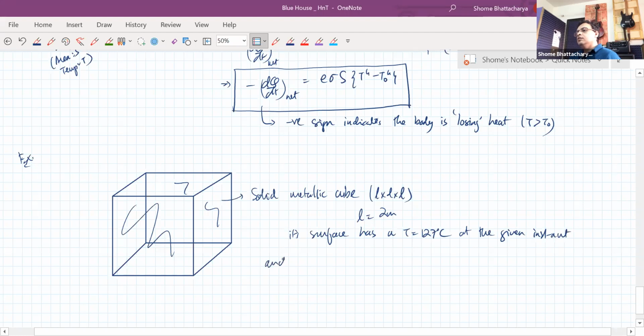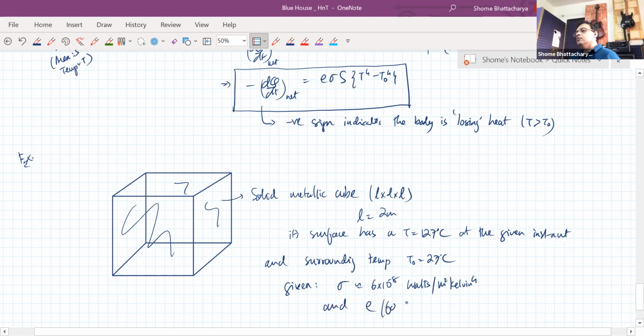And the surrounding temperature is 27 degrees C, normal room temperature. Also given that Stefan's universal constant, we can take the approximate value of 6 into 10 raised to the power minus 8 watts per meter square Kelvin to the power 4. And the emissivity of the metal is equal to 0.6.